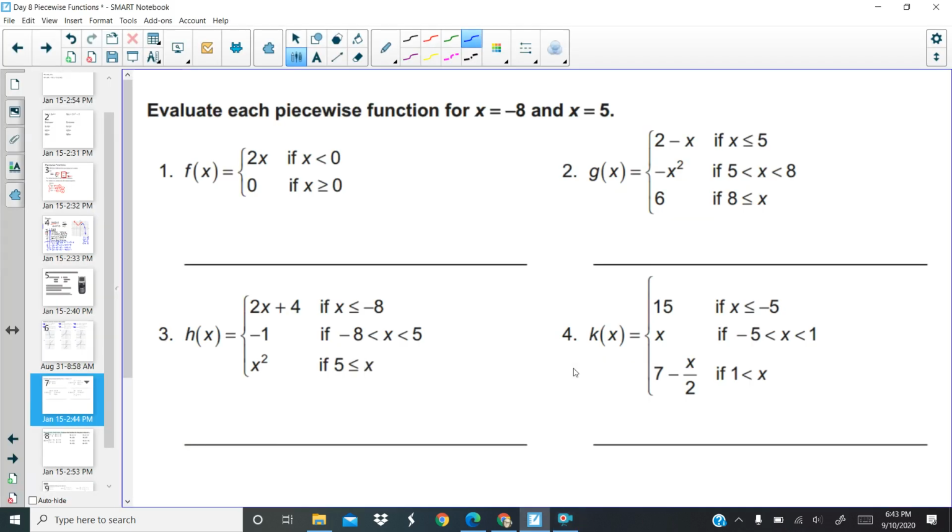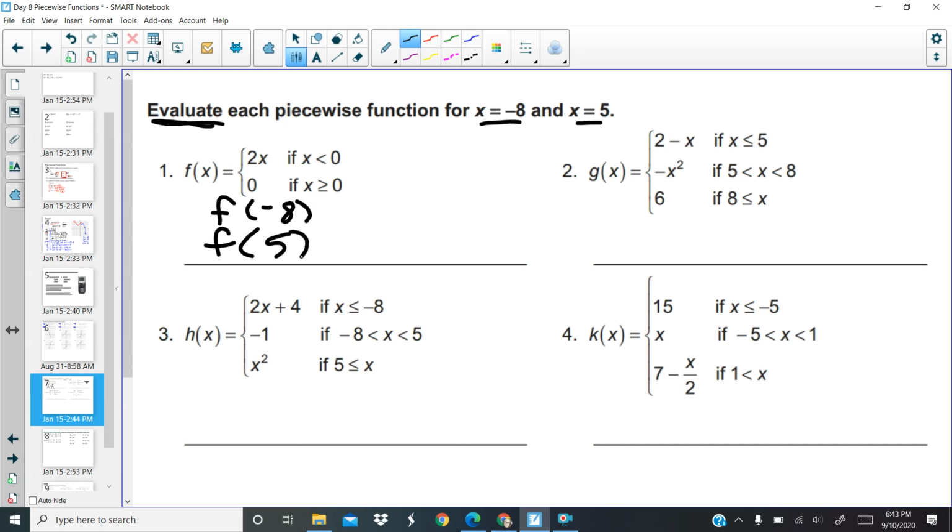So then I just want to do a couple more examples where you're evaluating for these. It tells you to evaluate for x equals -8 and x equals 5. So we're just going to do the first two here. We're trying to find f of -8 and f of 5.